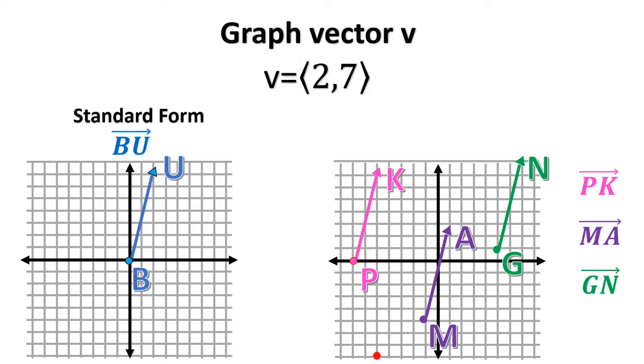From this point, we would go right 2, up 7, and draw an arrow, and then connect the point, which is the tail, to the head, which is the arrow. If we label the tail R and the head D, when we write the vector, we must start with the letter that labels the tail and go to the head. Vector RD is not the same as vector DR.